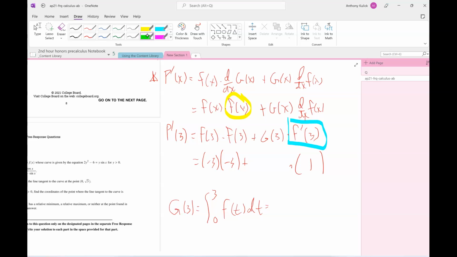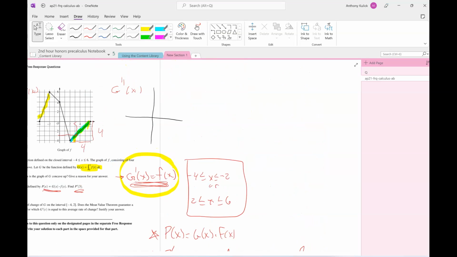And what's the same thing as an integral, geometrically speaking? Area under the curve, right? So we're looking at those areas.